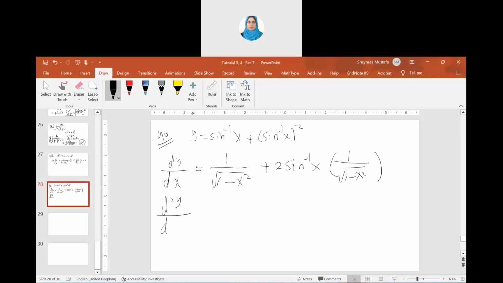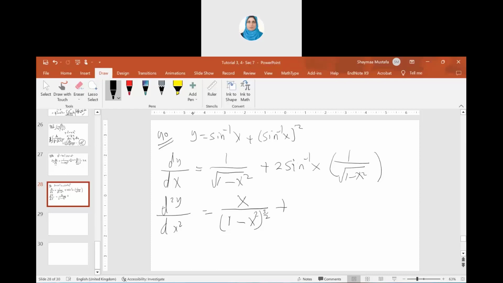Now d squared y over dx squared. The derivative for this one is 1 minus x squared to the power minus 3 over 2, as a power function, minus 1, but I have minus 2x here, so it becomes x.